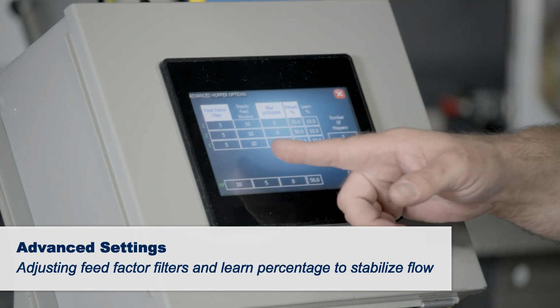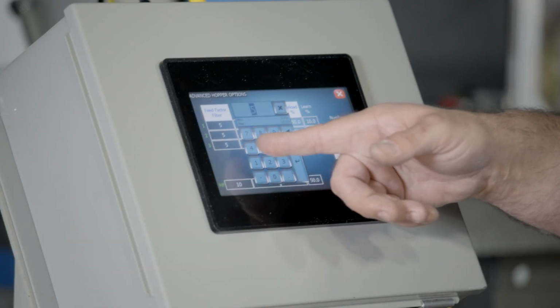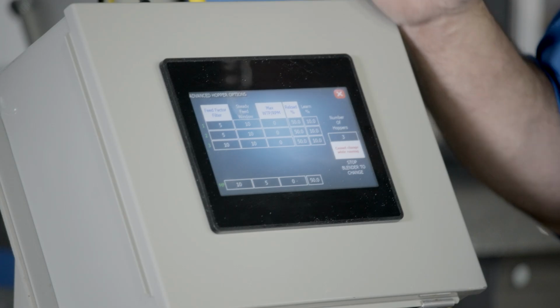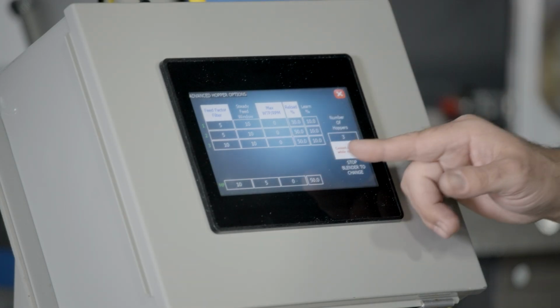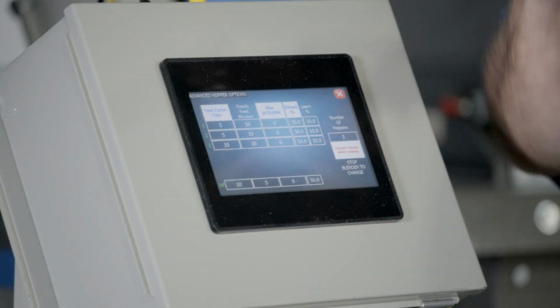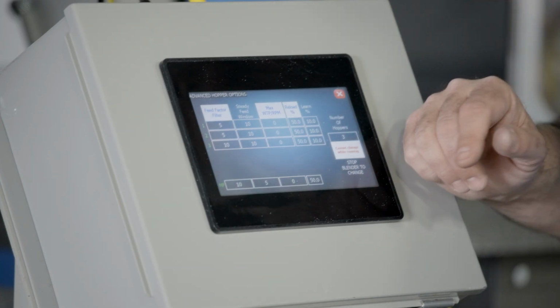So what you can do is increase the feed factor filters. We could take this up to 10. And when we do our averaging over 10 samples instead of 5, it'll dampen out a lot of that variation. The other thing you can do is increase your learn percentage. The bigger sample you take, the less variation you're going to have sample to sample.